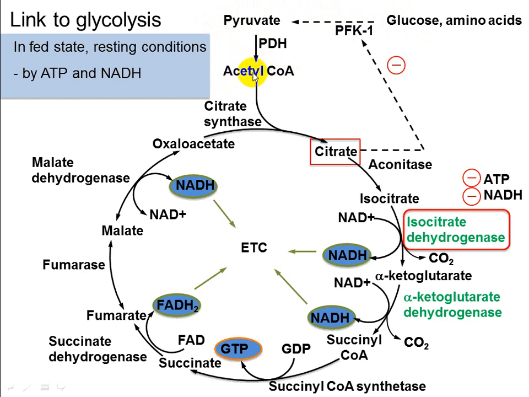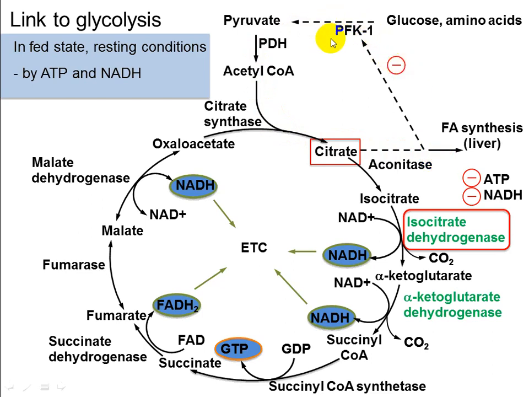Then it utilizes the first step in the TCA cycle. Acetyl-CoA is converted to citrate, and citrate is then shuttled back to cytoplasm and converted to fatty acids. So in order for liver to convert excess glucose to fatty acids, these entire pathways need to remain open.